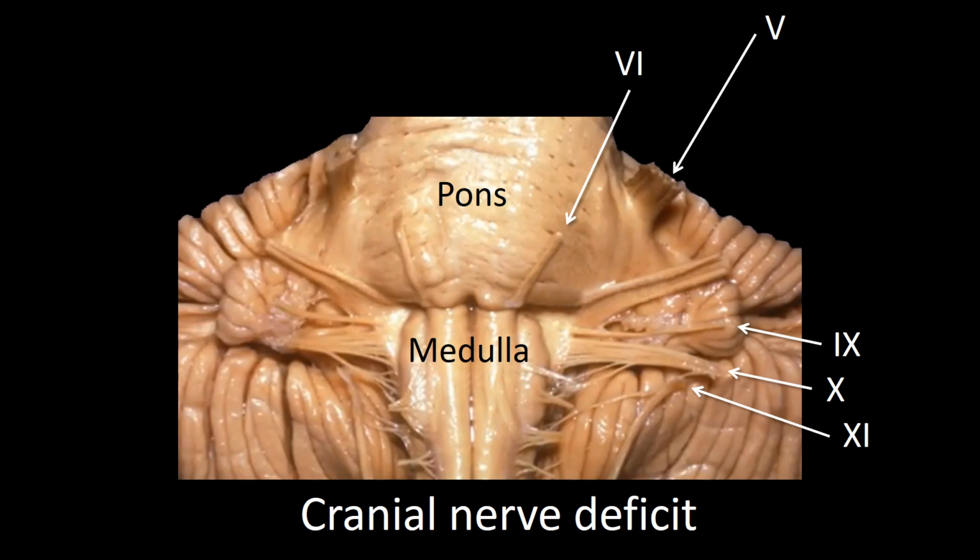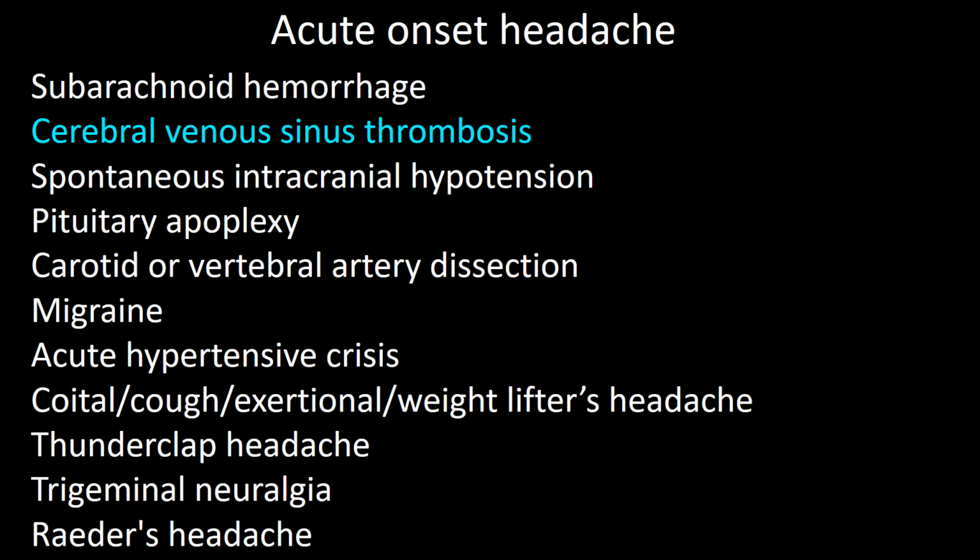The clinical manifestations of posterior fossa sinus thrombosis are often dominated by cranial nerve deficit, especially involving the 5th, 6th, 9, 10, and 11 cranial nerves.